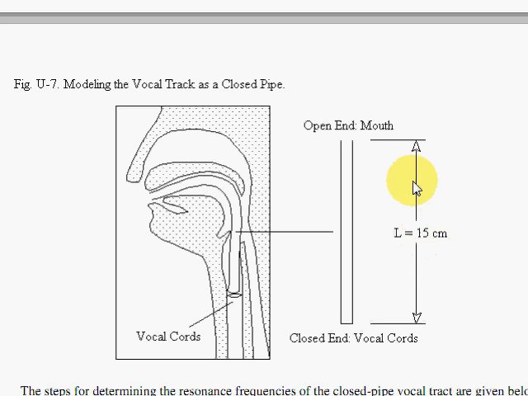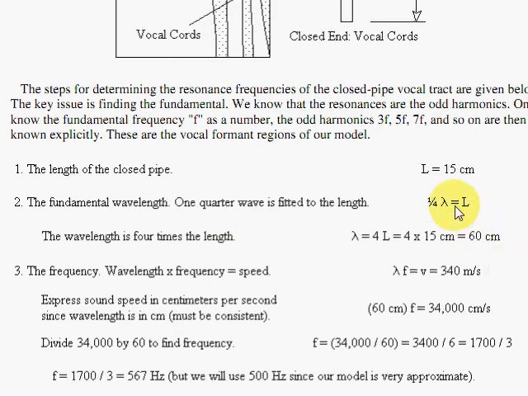If you have 15 centimeters for your closed pipe, your 1/4 wavelength is fitted to L, so the wavelength is 4L, that's the closed pipe rule. Wavelength 60 centimeters, and I can find here the fundamental frequency. 60 centimeters times F is, I have to adjust this to centimeters, so I have 340 and 2 more zeros, 34,000 centimeters per second.